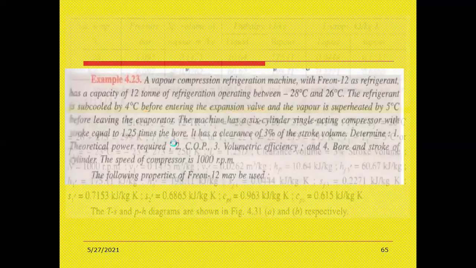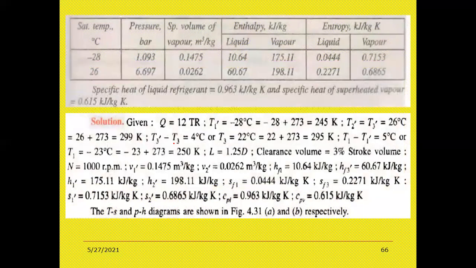Now here we'll see the table, right? See the first one, minus 28 degrees centigrade. For that, the pressure is 1.093 bar, the specific volume of the vapor is 0.1475, and the enthalpy of liquid is 175, with entropy values 0.04 and 0.7.